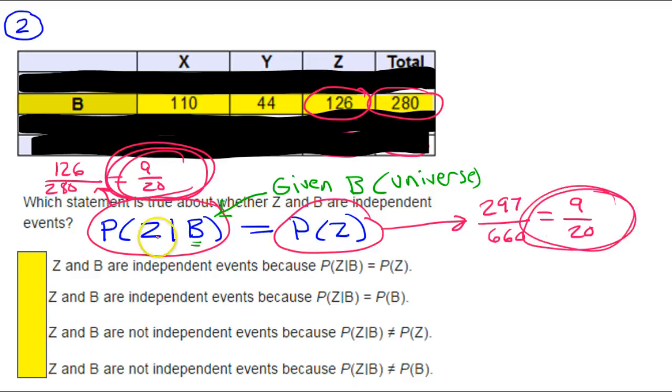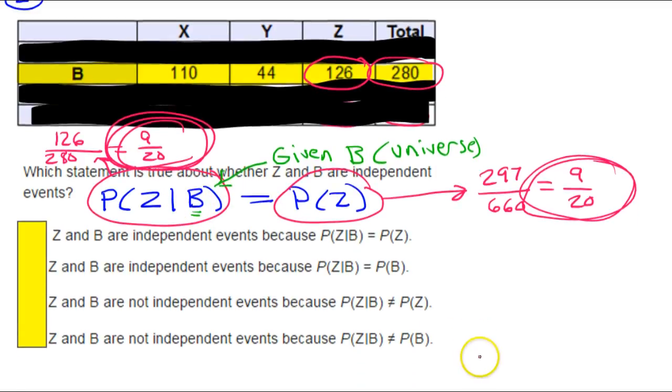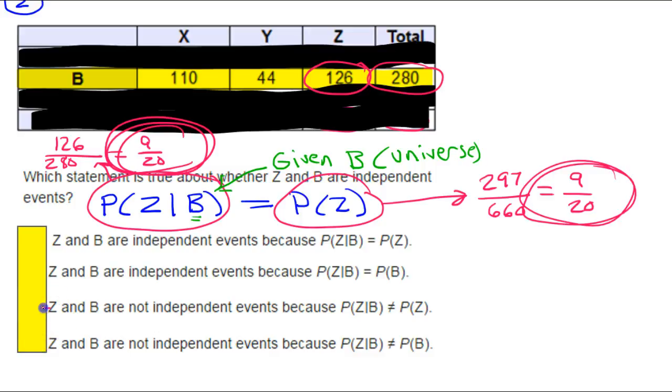If both of these are equal, that means Z and B are independent. Right away we can throw out the ones that say they are not independent, because we just found that they are independent.